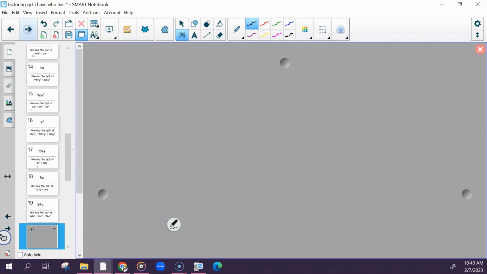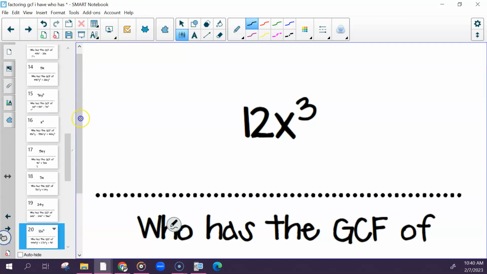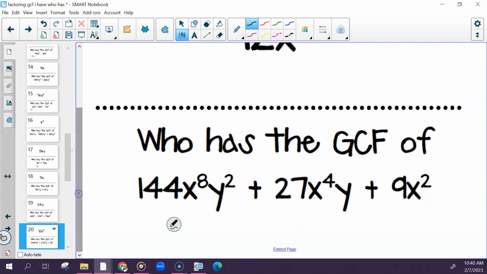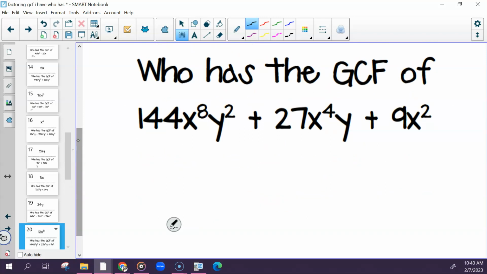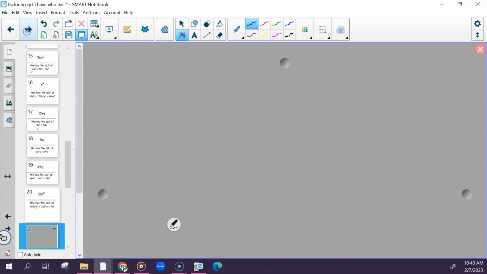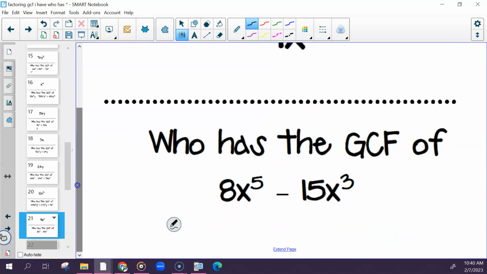I have 12x cubed, which has 144x to the 8th power y squared plus 27x to the 4th power y plus 9x cubed squared. Go for it. It is.